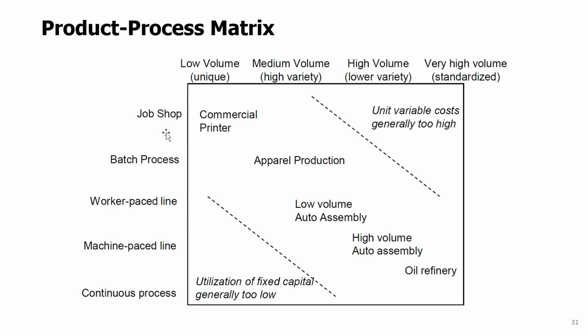A job shop is a kind of operation which has equipment that can produce a large variety of very customized units of product. But unfortunately, the cost per unit will be very high, and therefore the volume usually is very small because there's not that much demand for an extremely expensive product.